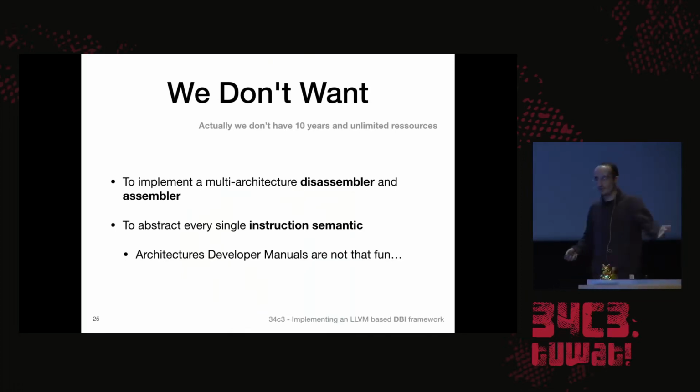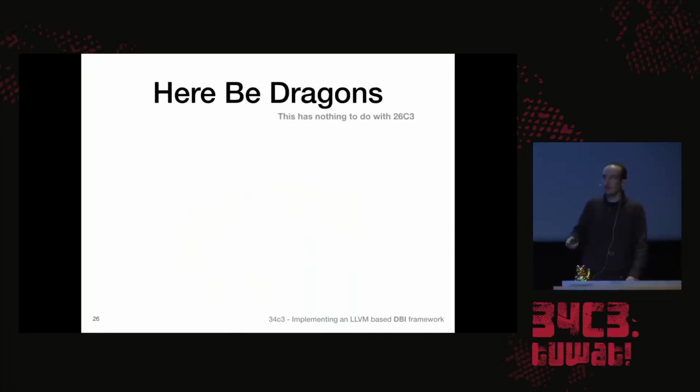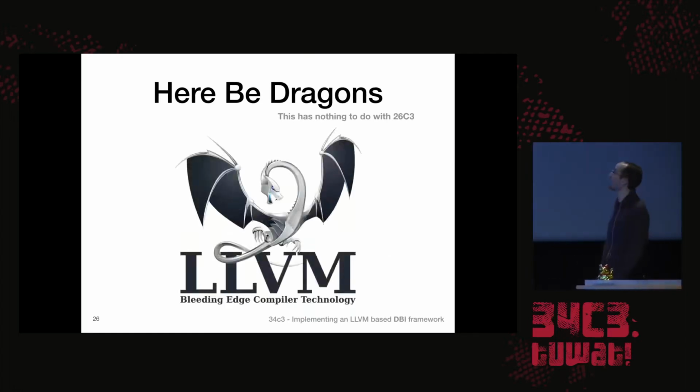So we don't have 10 years to spend on parsing them. But things have changed recently. For a few years now, there is a new player, and this player is called LLVM.